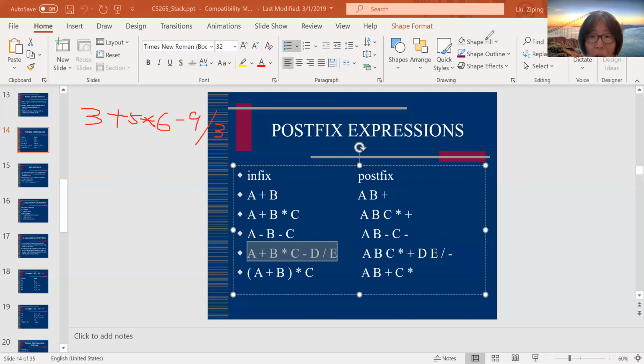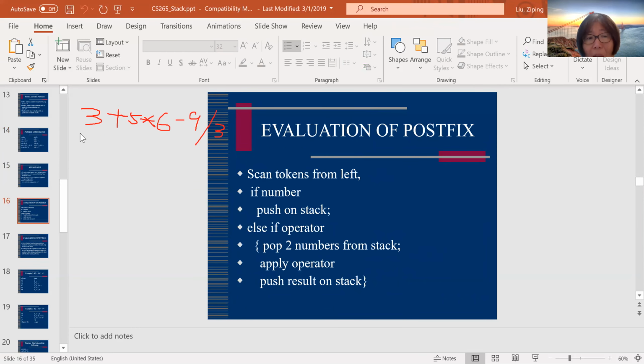Suppose we have this postfix expression, and I will use this example to explain the algorithm, how we use the algorithm to evaluate this postfix expression. What we are going to discuss is the algorithm that evaluates this postfix expression.